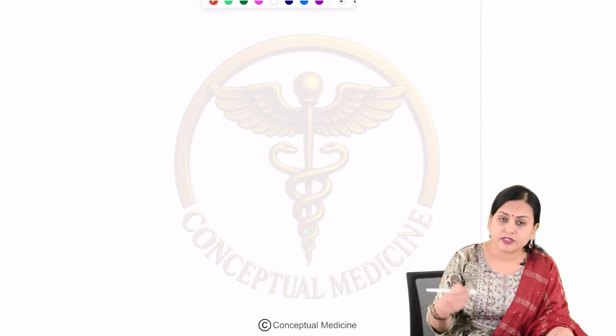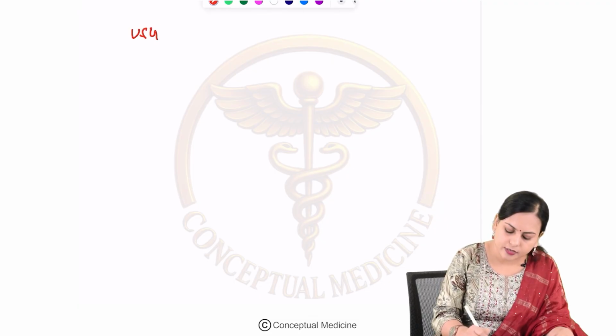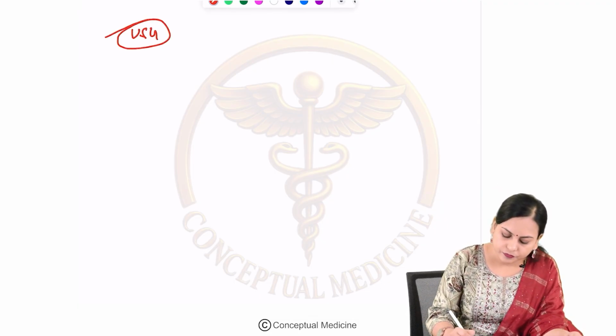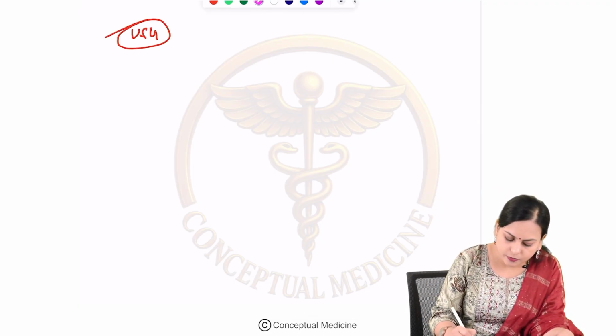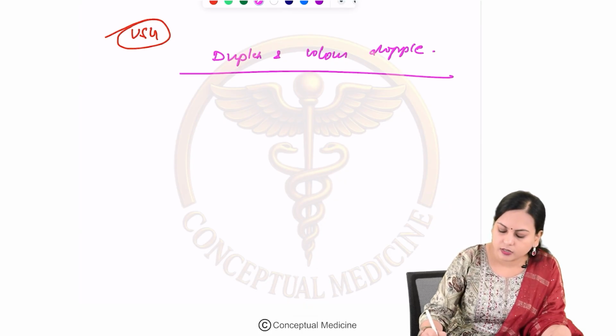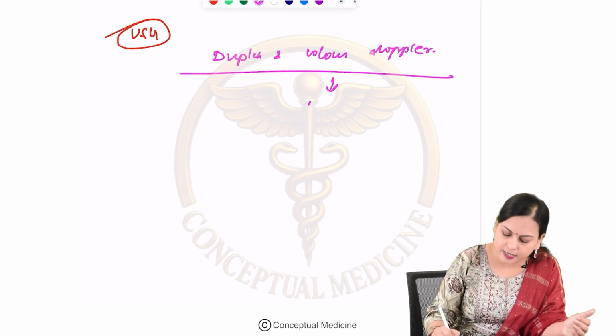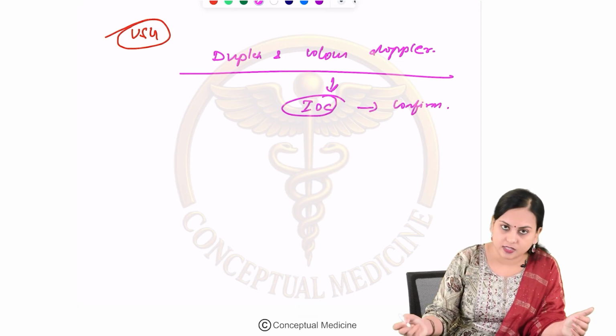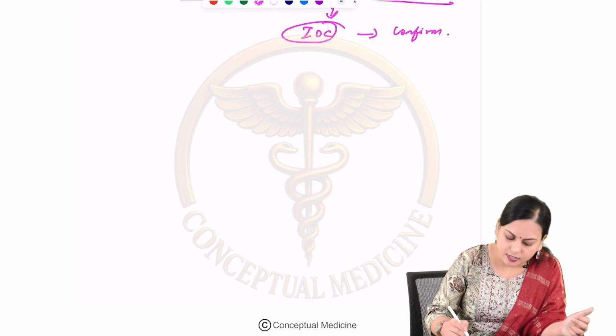Now we will see the ultrasound findings, that is the investigation to rule this out. You will be doing a duplex and color Doppler. These are the investigations of choice to confirm the diagnosis.